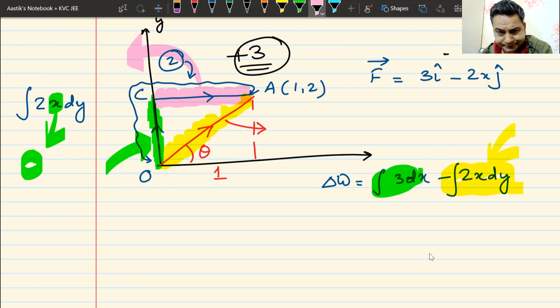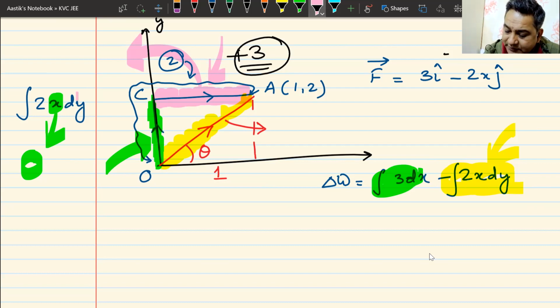Tell me. Y is changing from 0 to 2, in the path from O to C. And from C to A, is y changing? Are you sure? In the pink path, does the value of y change? No, sir, the value of y does not change.